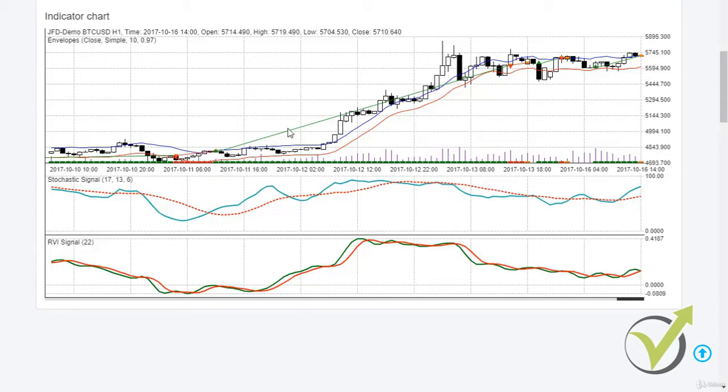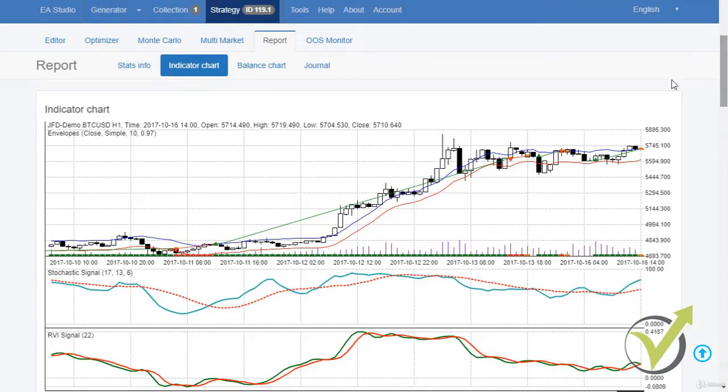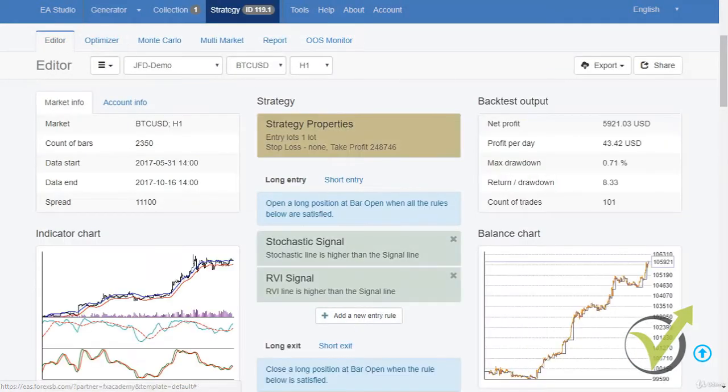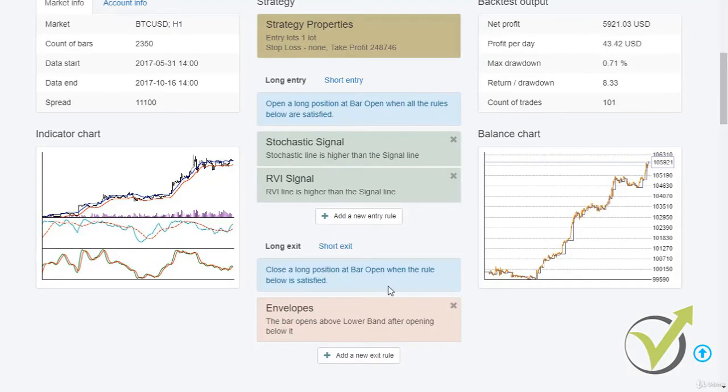So you can see here we are in this long trade because we have a signal from the stochastics, and at the same time RVI confirms the direction of the trade, and here we're out once we have this bar opened below the lower band of the envelope, and when the next one opens above, it closes the trade. So let me go one more time to the editor to read exactly what is our exit condition.